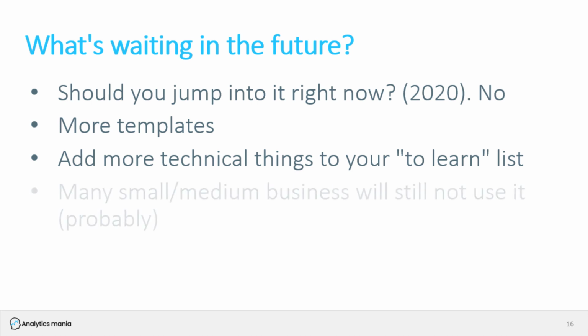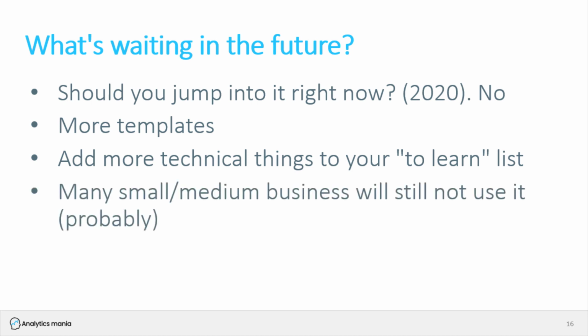And finally, I think that many small and medium businesses will still not use server-side, because first of all, it might introduce some expenses, and probably small businesses might not see the benefit in all of this setup. Because I've read Simo Ahava's blog post, and he said that his blog hosted on server-side would cost probably around 120 euros, which is 130, 140 bucks, something like that per month.